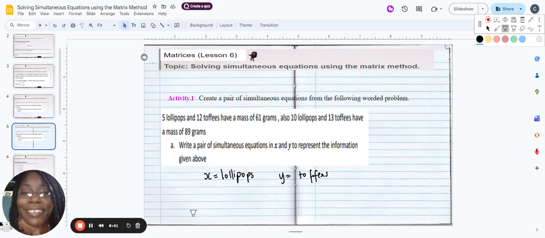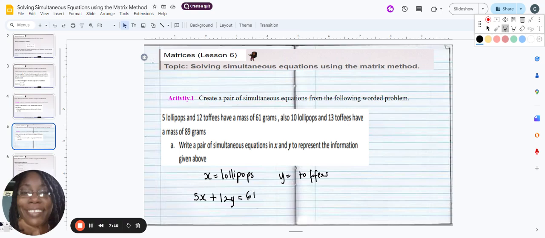So your simultaneous equation will look something like this. It says 5 lollipops and 12 toffees. So you should have had this 5x if you used x for your lollipops. And instead of "and", we're going to put plus 12 toffees. And we're saying that we are using y to represent our toffees. And that would be equal to 61 grams.